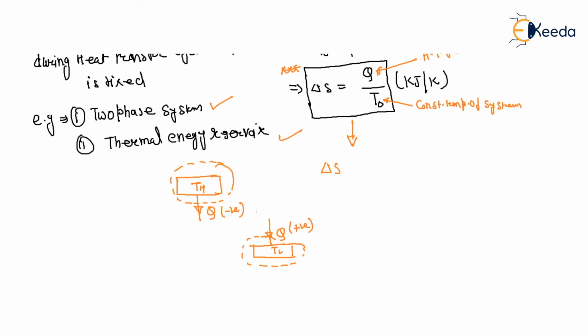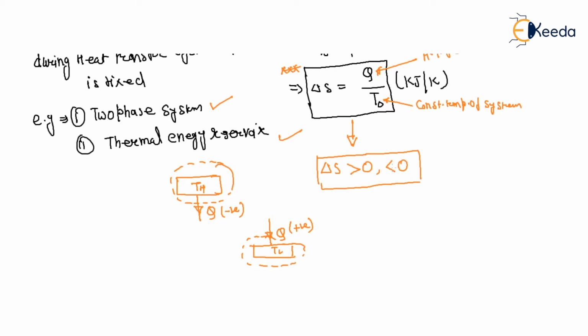So delta S is either greater than 0 or less than 0. So the entropy change of a system during an internally reversible isothermal process can be positive or negative depending on the direction of heat transfer.